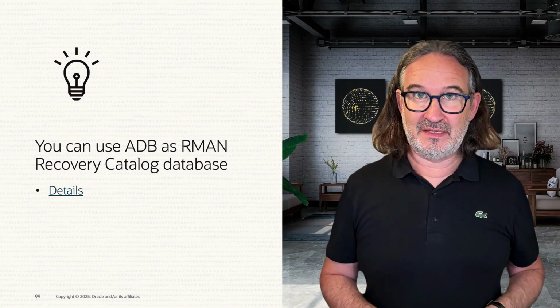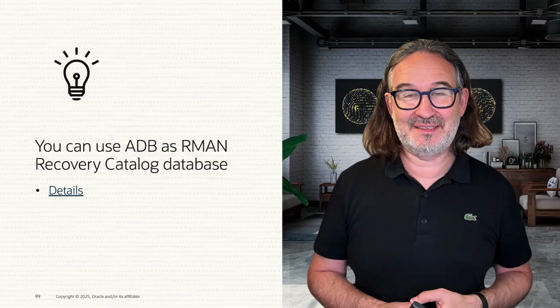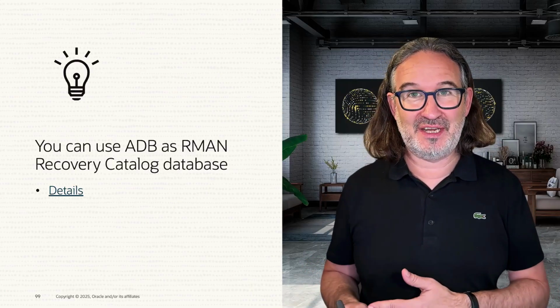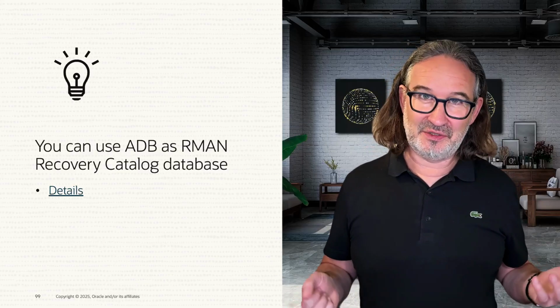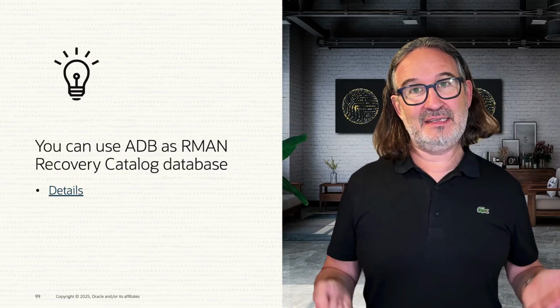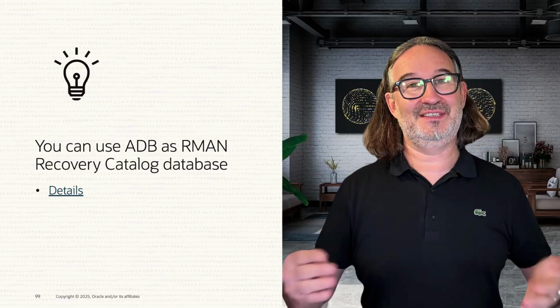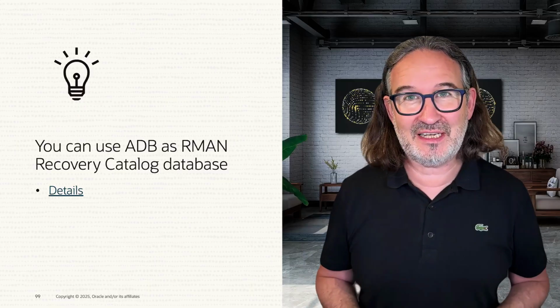And hopefully many of you use RMAN to back up your databases. One additional benefit of using ADB is that RMAN in most cases has a repository database. And it's a database. It needs resources, you need to administer it, and so on. Why not put it in ADB?